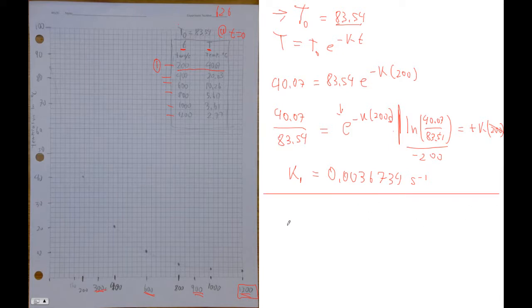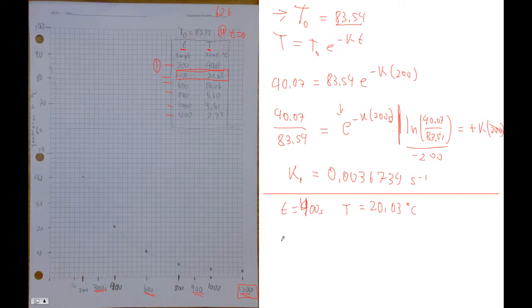All right, let's calculate k again. So our next point here would be 400 and 20.03. So t equals 400 seconds, and our temperature is 20.03 degrees Celsius.